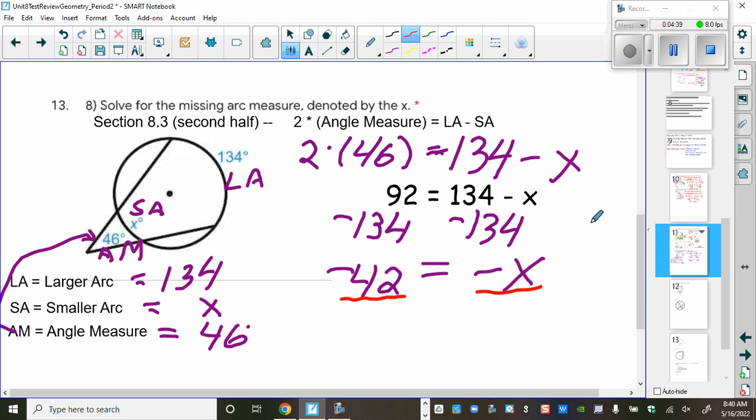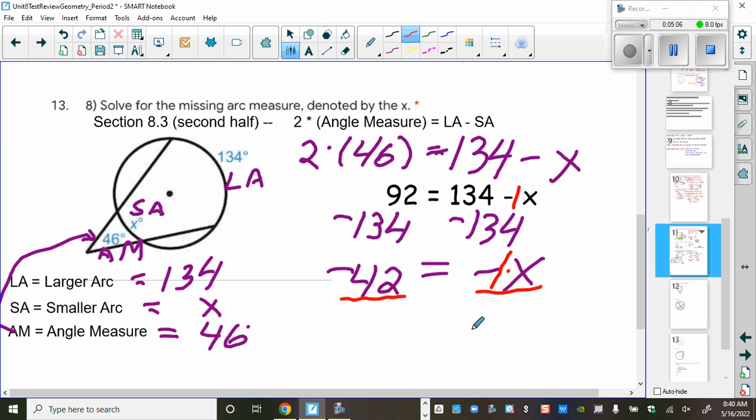All right, I'm going to show you all something. May not have seen this in a while. You don't see the number, but what's between this negative sign and the X? Oh, whoever said the 1 is right. There's a 1 here. So negative 42 is equal to negative 1 times x.